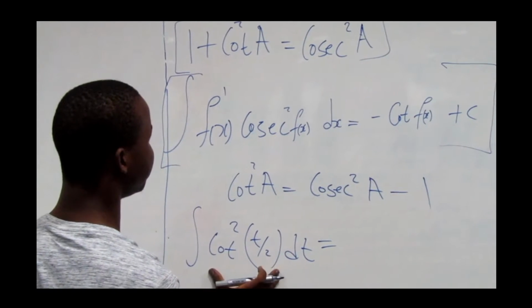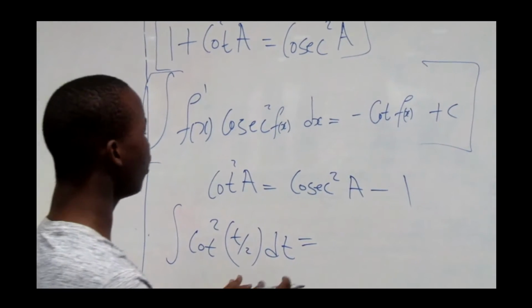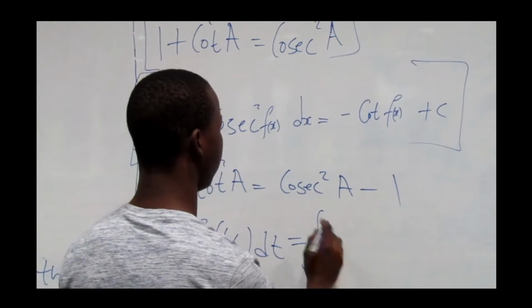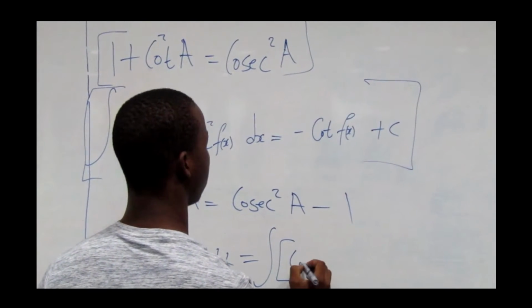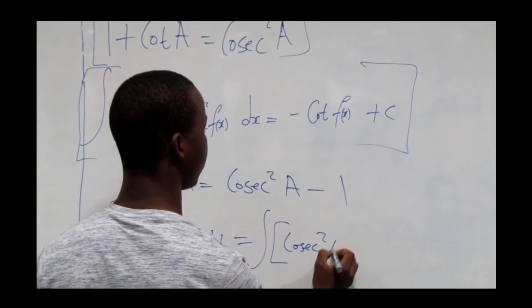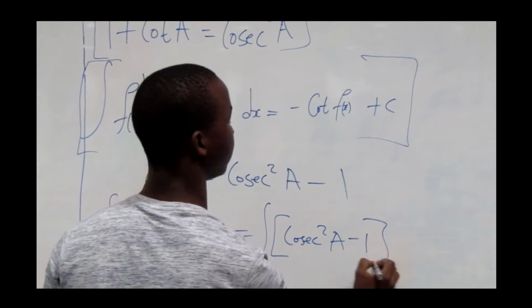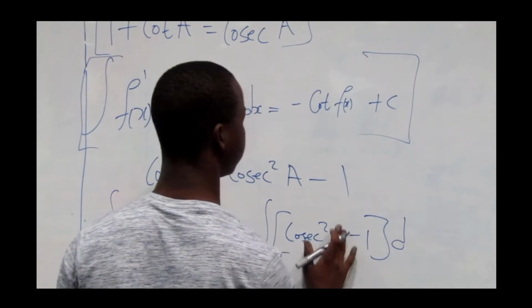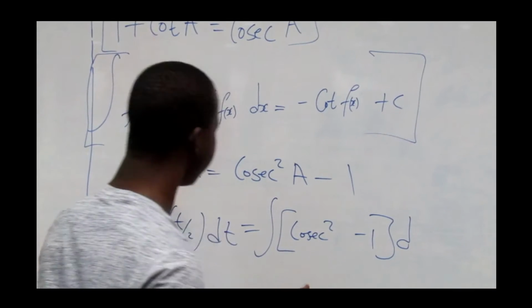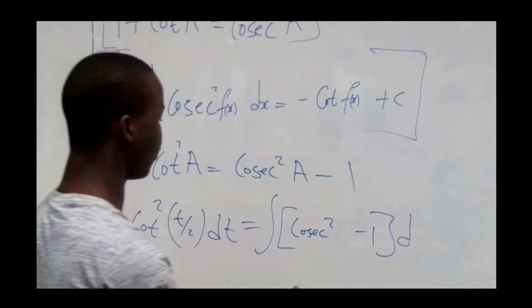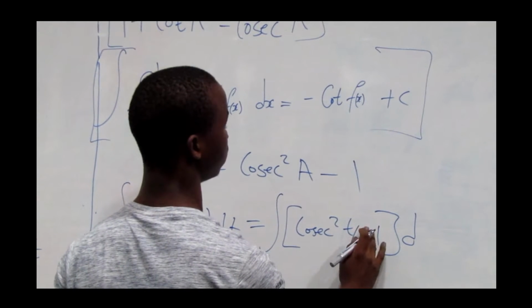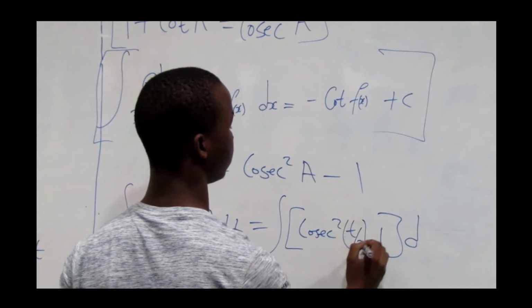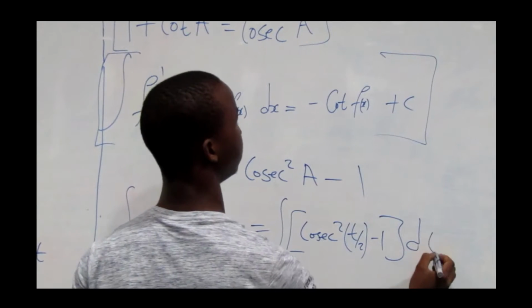So we are going to substitute it here, of which is going to be cosec square A minus 1 d. Actually, instead of A, we're going to put t over 2, the whole minus 1 dt.